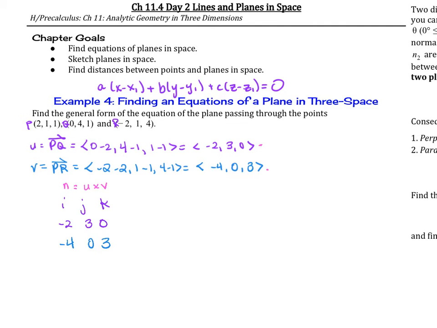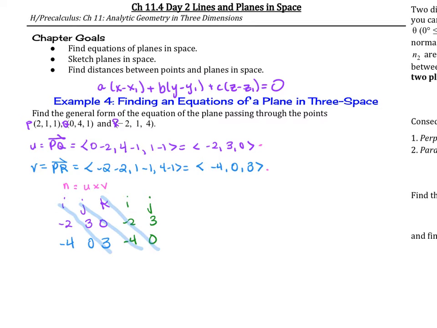I like using the diagonal method, so let me write this over: i, negative 2, negative 4, j, 3, and 0. Then we're going to multiply across and add these together.